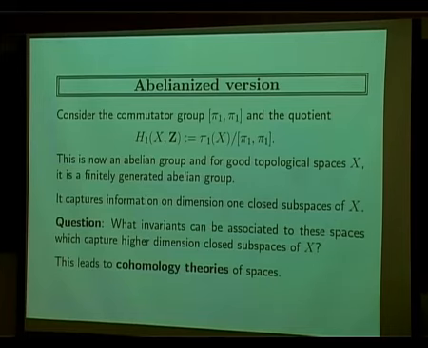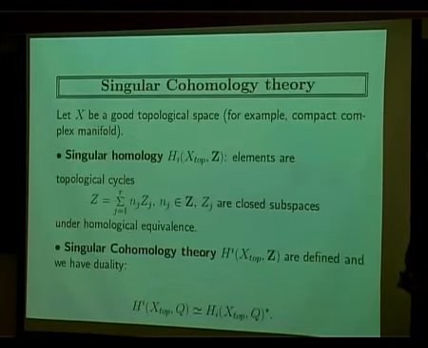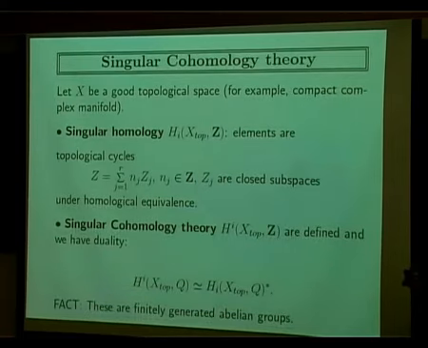So this leads to cohomology theories. So at least for compact, I think I have my time, maybe I'll take 5 minutes and stop. So this is precisely the motivation to look at singular cohomology and all.